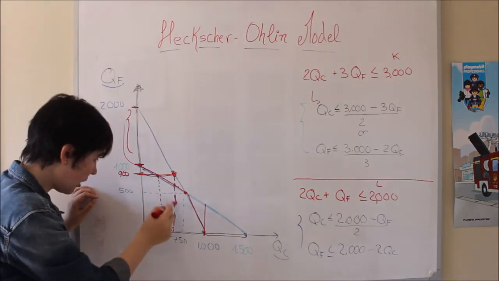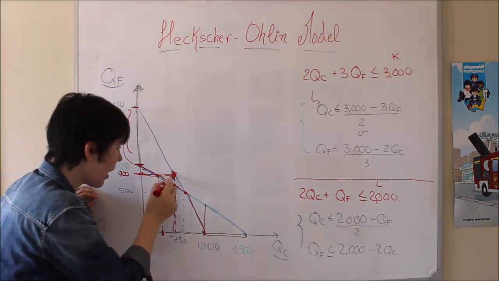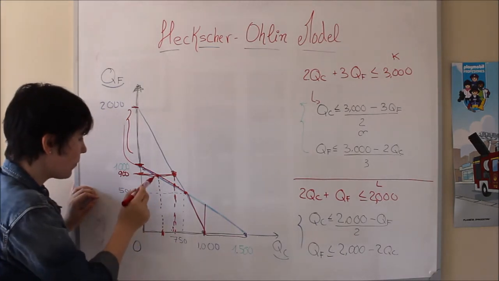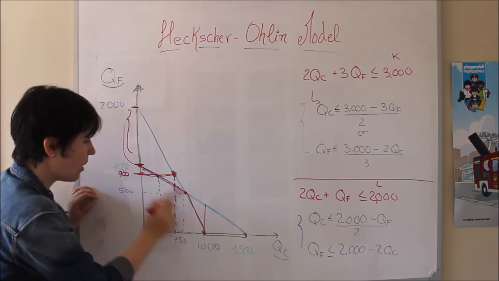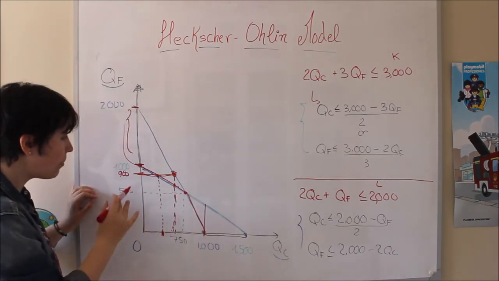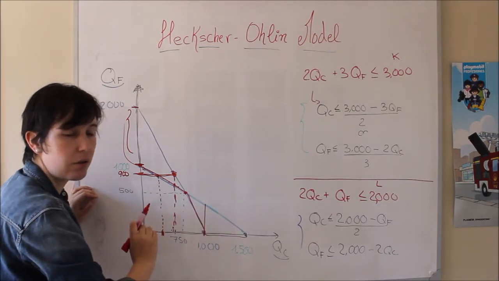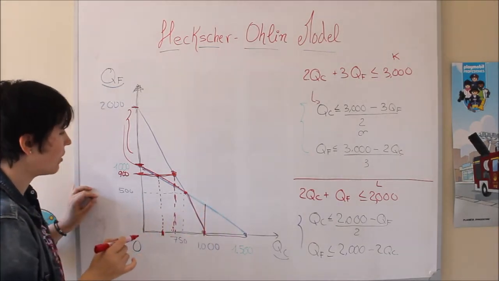And it's not here because to get that value, this economy needs more capital, because this restriction is coming from capital. If we have more capital, we can produce more, so we can move to the right side. But we are not in that case.